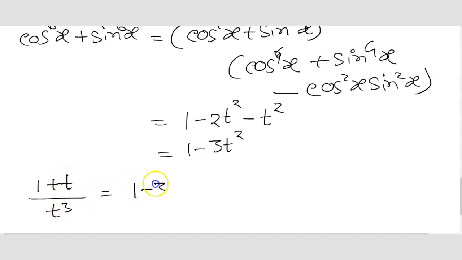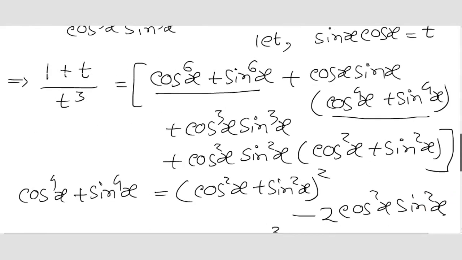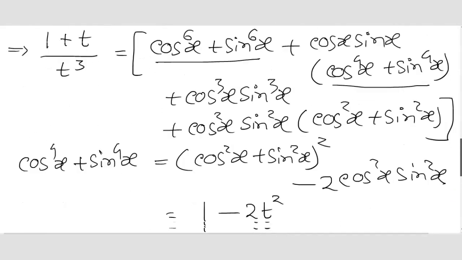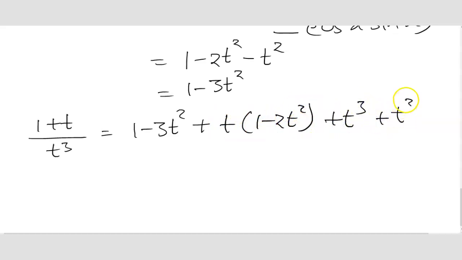See, 1 minus 3t square plus there is a term called t into that term. So we have t into 1 minus 2t square plus t cube plus t square, right?